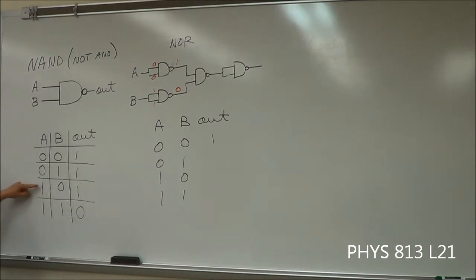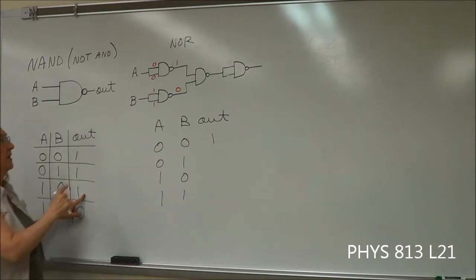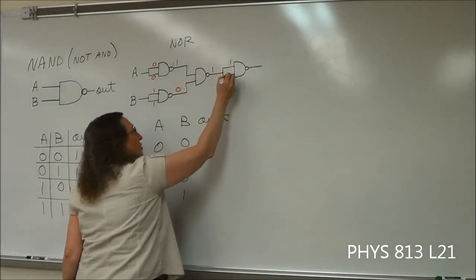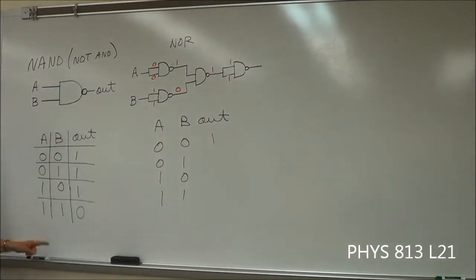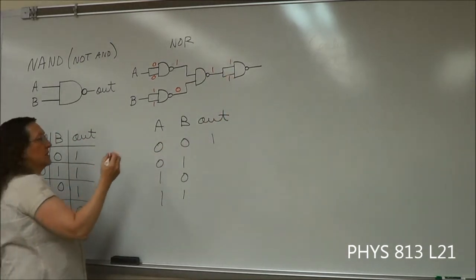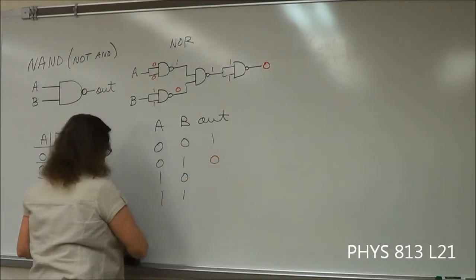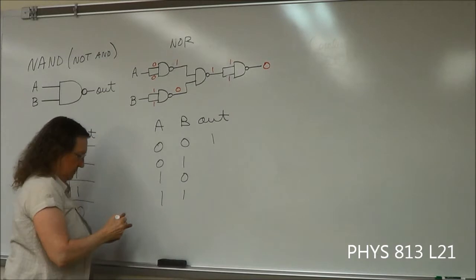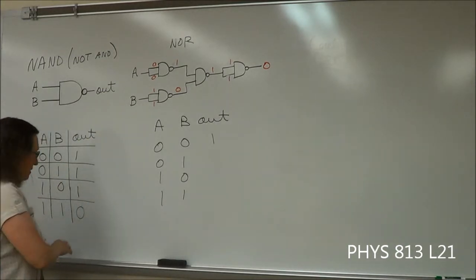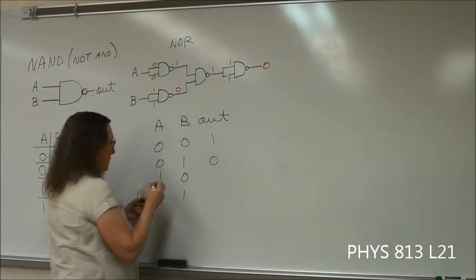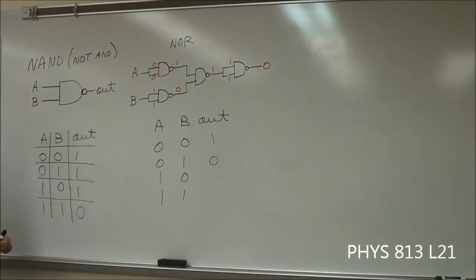Let's say that the A is 1 and the B is 0. So 1 and 0 gives us a 1 here. This 1 goes to both of those. So 1 with 1 gives us a 0. This gives us a 0. Okay? And that's what we had in the NOR gate.